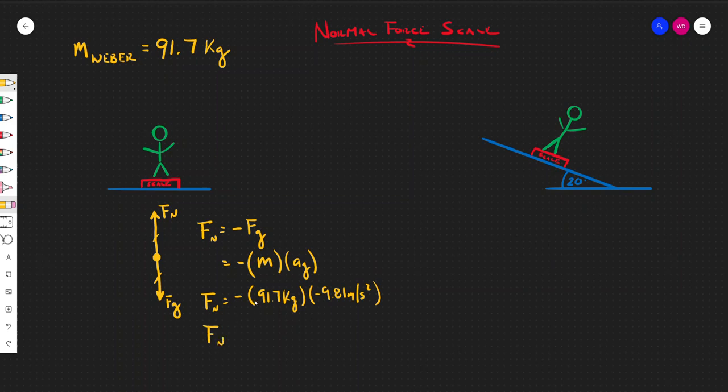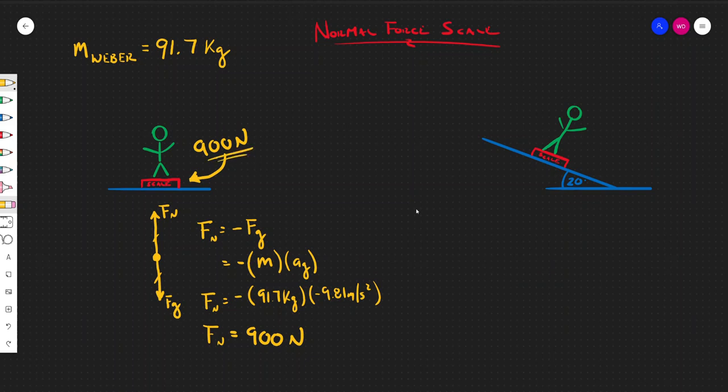So put that on my calculator, 91.7 times 9.81, negatives cancel. 899.577, we'll just say for the sake of argument that my weight is 900 newtons up. Okay, so if my mass is 91.7 kilograms, this scale is going to read 900 newtons. I'm going to put this over here. This scale reads 900 newtons.